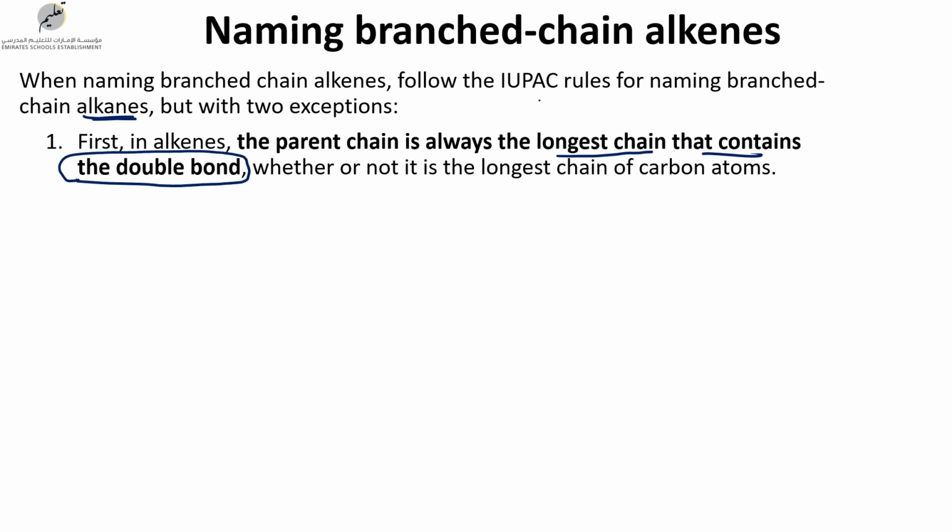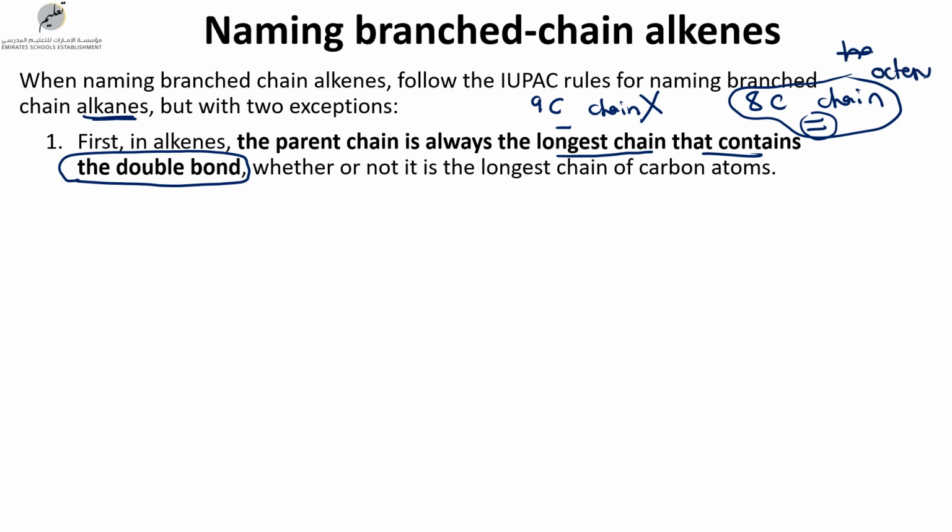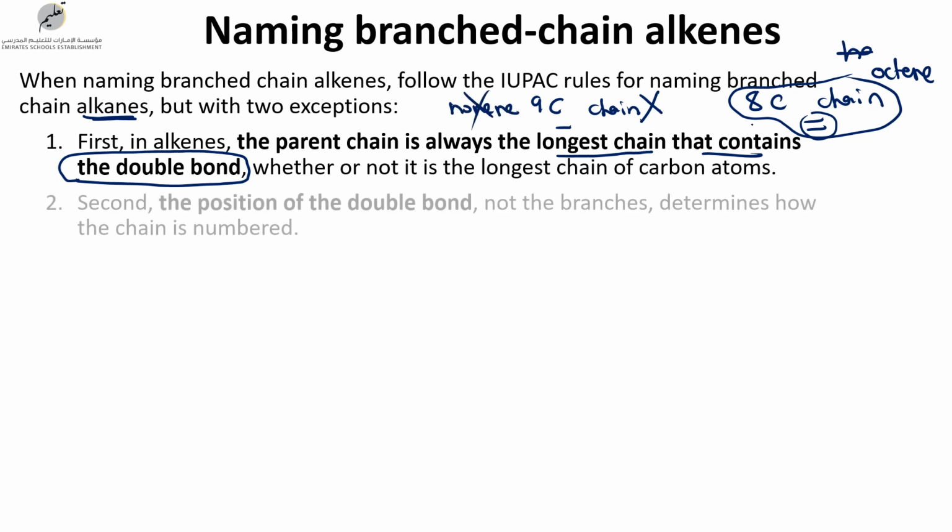So if you have a 9 carbon chain with only single bonds, and an 8 carbon chain with the double bond, you will choose this one, because this contains the double bond. This does not. This is the meaning, okay? That's the parent chain. So the parent chain will be octene, not nonene, okay?